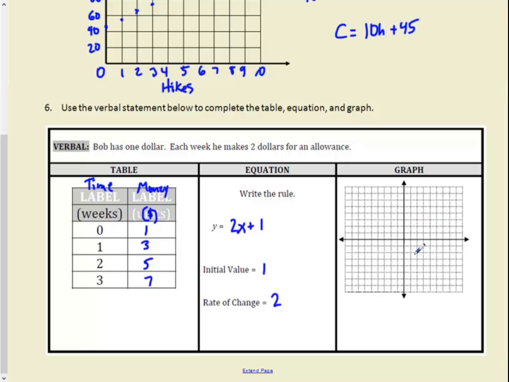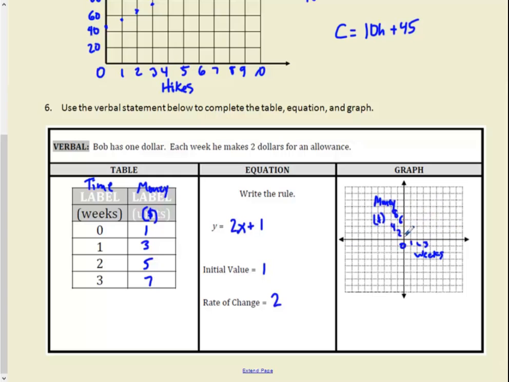So we keep track of the number of weeks: we start at 0, 1, 2, 3, etc. And we want to keep track of the money that he has, in dollars. I'm going to go by 2s here: 2, 4, 6, 8, etc.